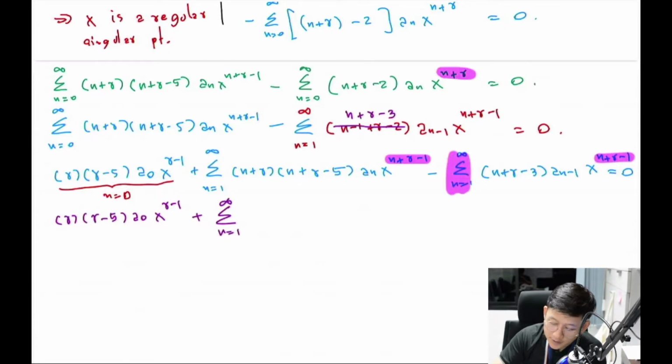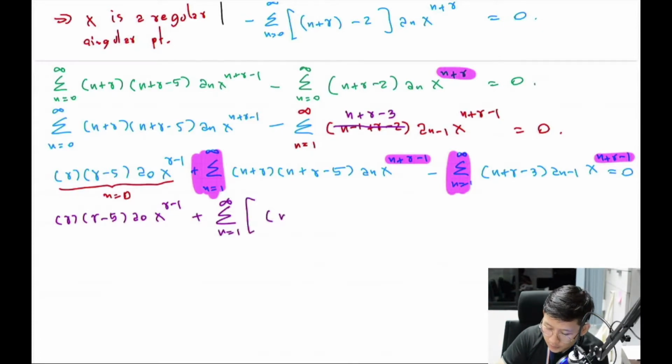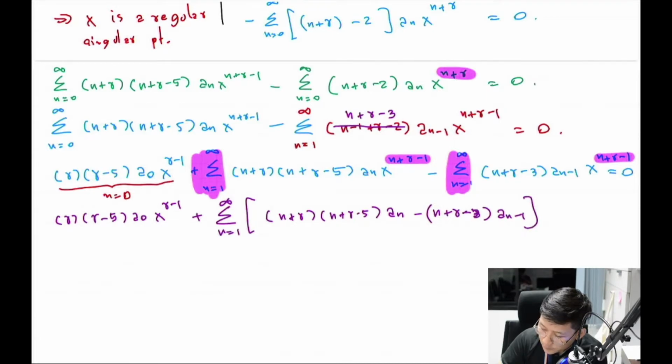You have the same summation, right? So what I can do is group the two summations together. So what I have would be n plus r minus 5 an minus n plus r minus 3 an minus 1, x to the n plus r minus 1 equals 0.